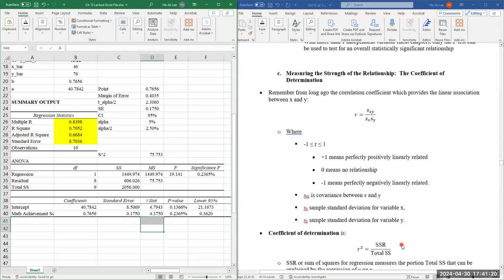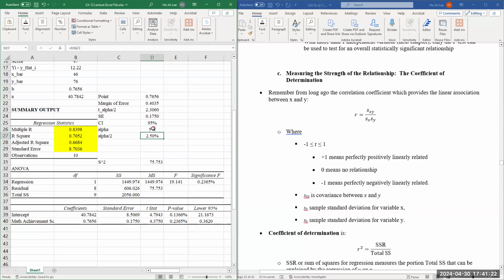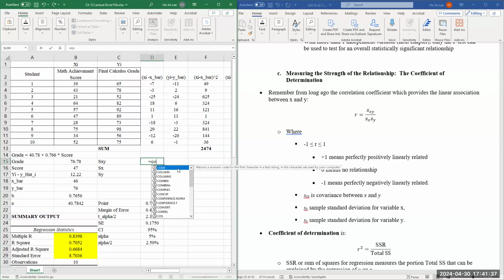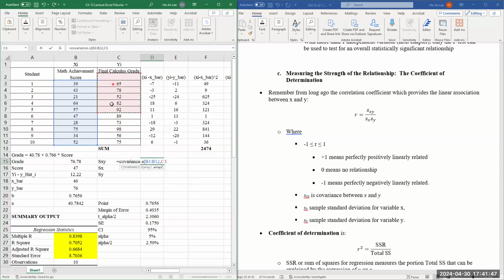Okay, so let's calculate that using this data. We have Sxy, Sx, Sy. This is the covariance.S, and here's 1, comma 2.